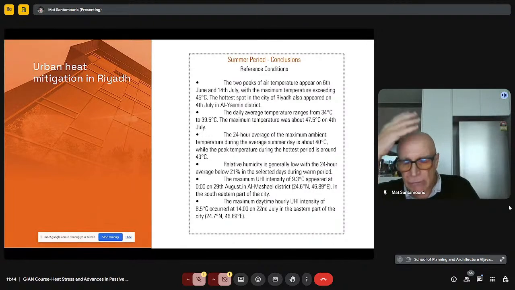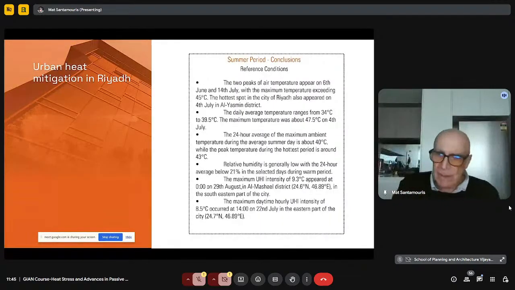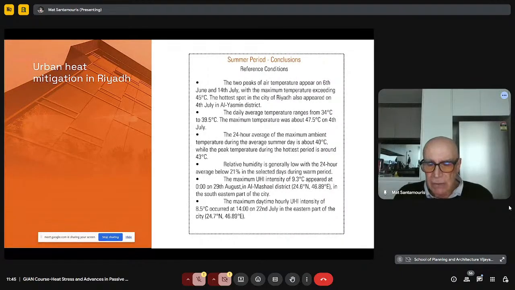And in this case, the use of greenery or other water surfaces may not be so practical, or may have adverse results because they may increase the humidity. But in our case, we had a low humidity, close to 21% during the whole summer period.